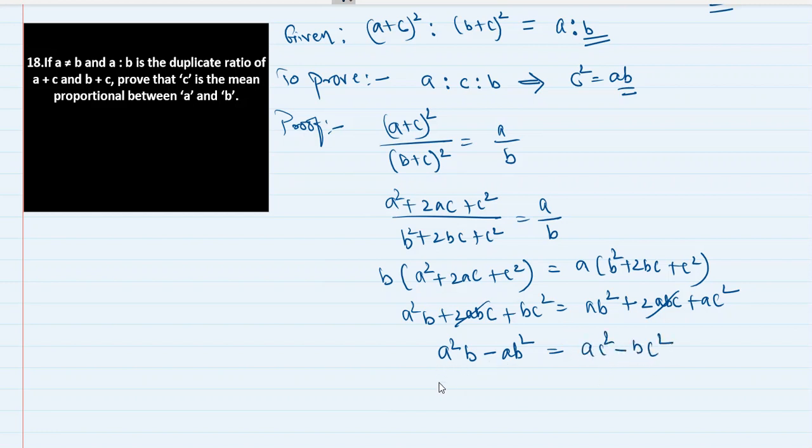So what is common out of A square B and AB square? I think AB is common and A minus B will be left here. Here C square is common and A minus B will be left inside. A minus B gets cut and we get C square is equal to AB. That's what we wanted to prove, remember? And that proves that C is the mean proportional between A and B.